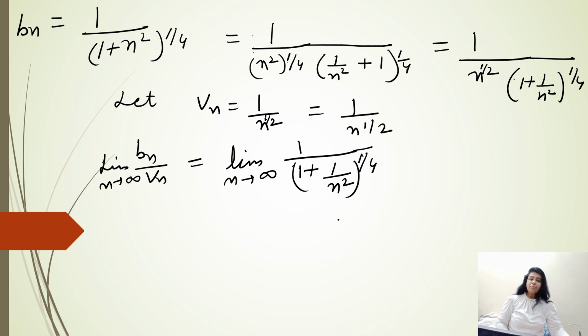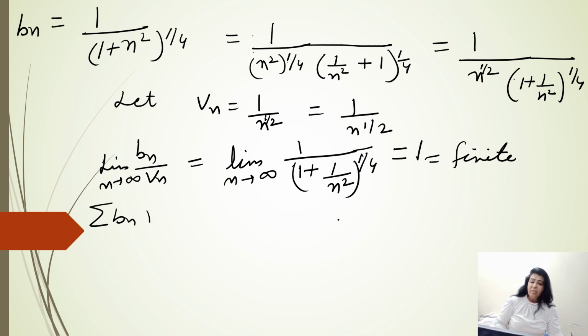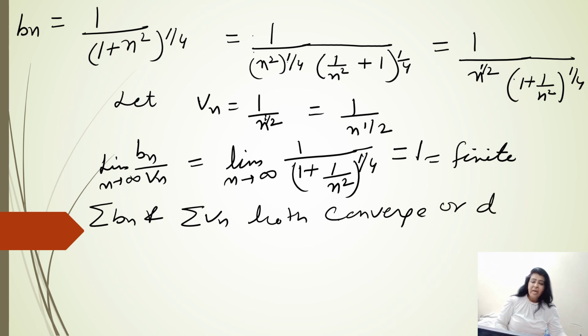Clear? Now as n approaches infinity, its value comes out to be 1, which is finite. So by comparison test, the series Bn and series Vn both converge or diverge together.